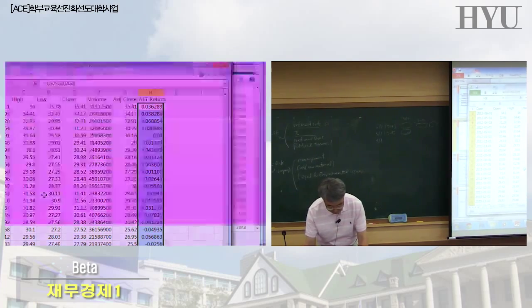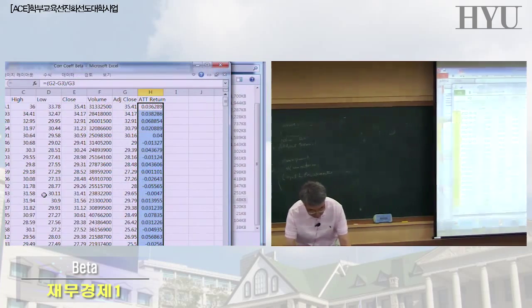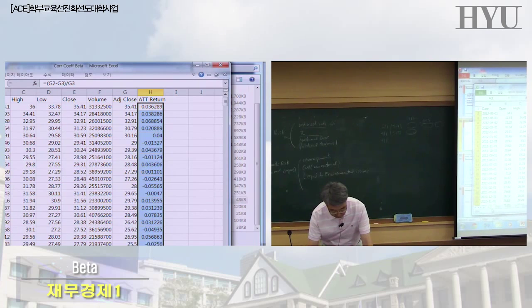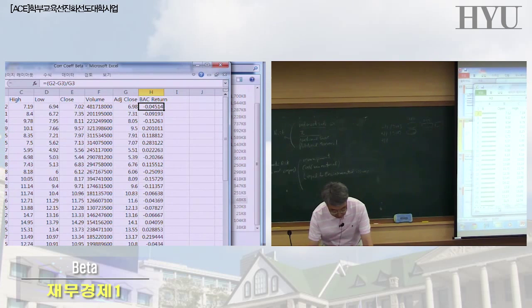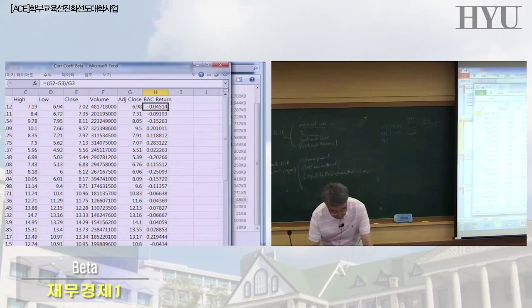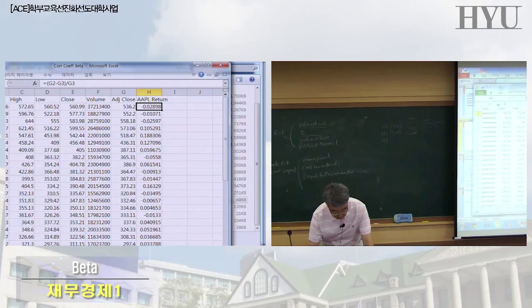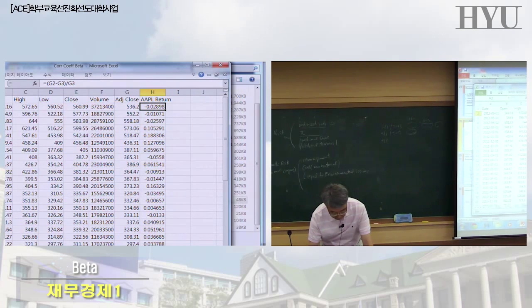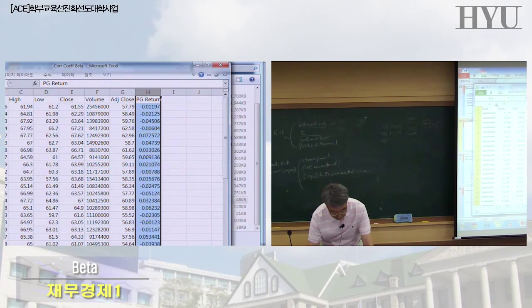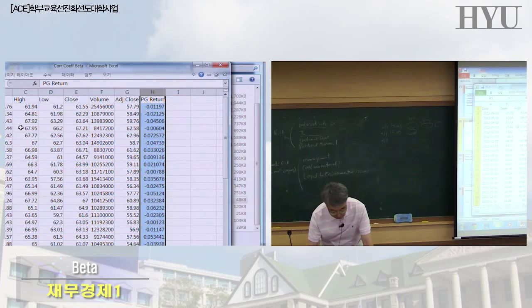I have selected 4 companies, for example. AT&T, BAC is Bank of America, AAPL, you know what that is, and PG is Procter & Gamble. They produce a lot of household goods like soap and detergents and household chemical products mostly.